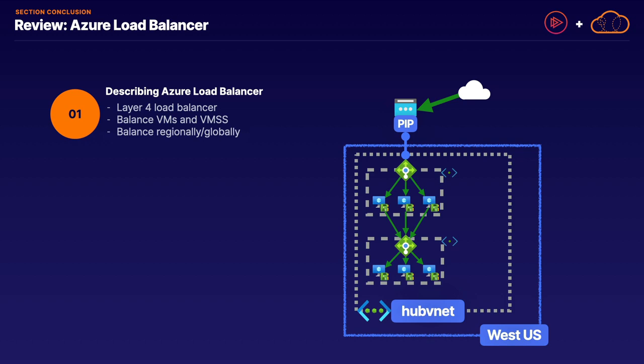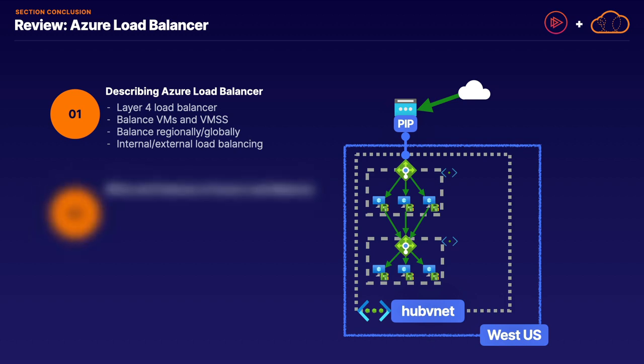And we can also load balance internally for private traffic, like that traffic going to a database tier in our solution, or externally for public traffic, be that part of a web tier for our solution, as we see in the diagram. And then when it comes to Azure Load Balancer, we really have two major SKUs that we focus on. There is a third SKU, but the ones that we focus on for the exam are these two.